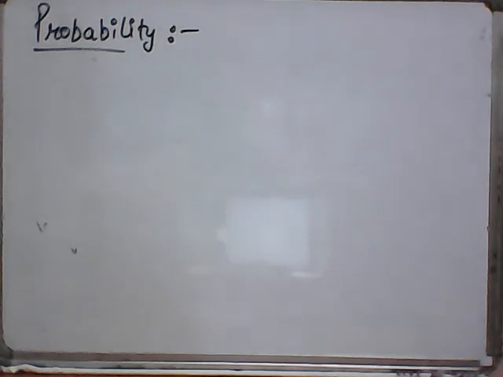Next is probability. What do you mean by probability? The measure of chance of something happening is called probability. Suppose a coin is tossed.